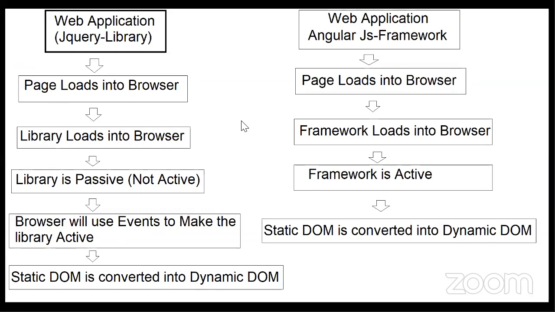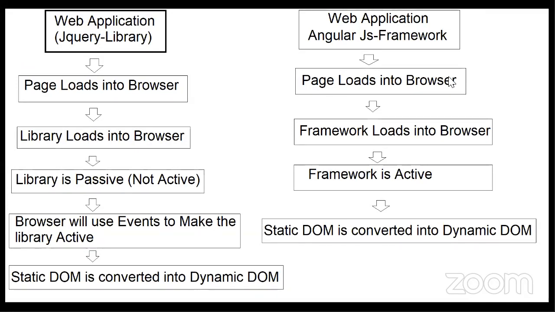So this is important to understand for the people who came from the background of JavaScript and jQuery. Once you know JavaScript and jQuery, you need to know why we need AngularJS, what is the purpose of AngularJS.